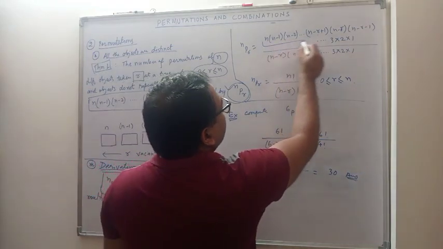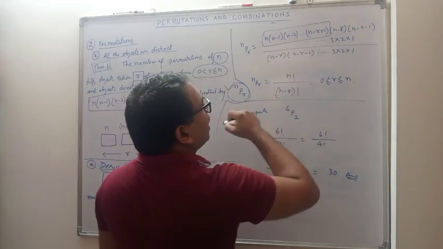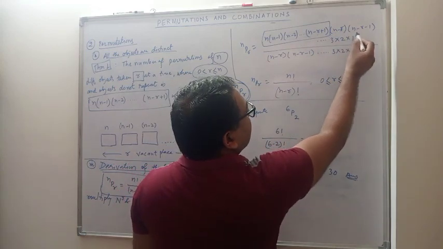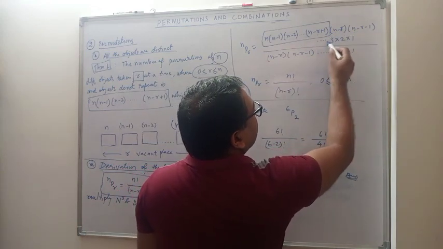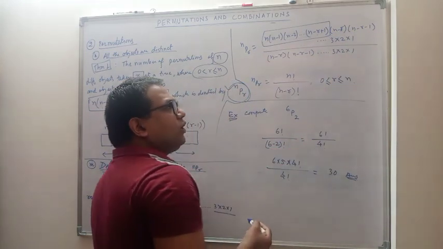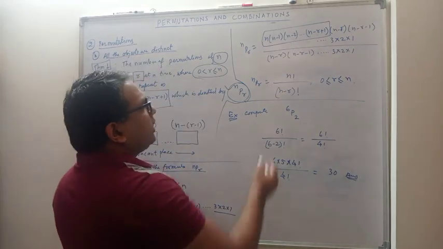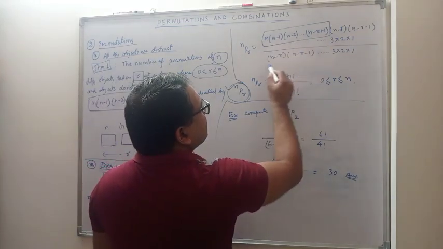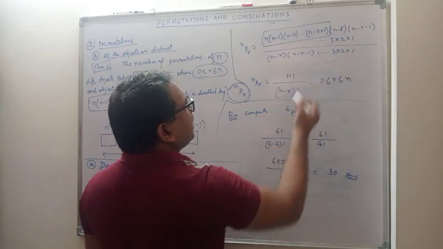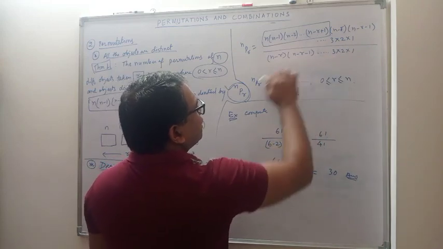We have already this much. Now I have multiplied n minus r minus 1 and so on up to 3 into 2 into 1 in the numerator, and the same thing I have multiplied in the denominator also.